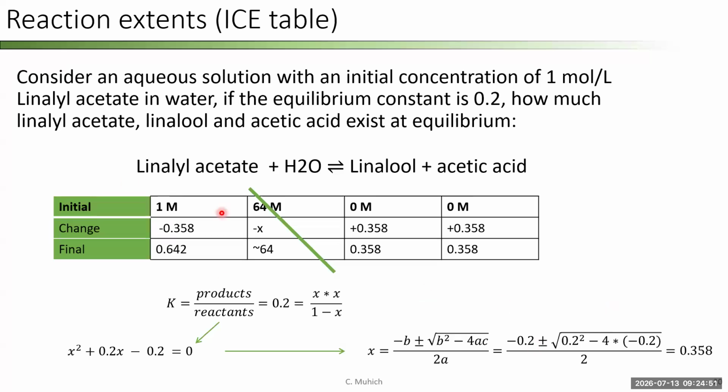So anywhere that I had an x in my chart, I can pop that in, and I can see that in the end, I'm left with 0.642 moles of linalyl acetate. I have 0.358 molar linalool and 0.358 molar acetic acid.